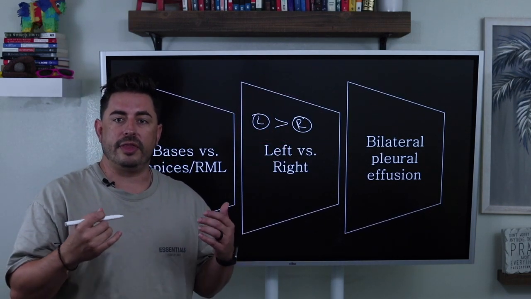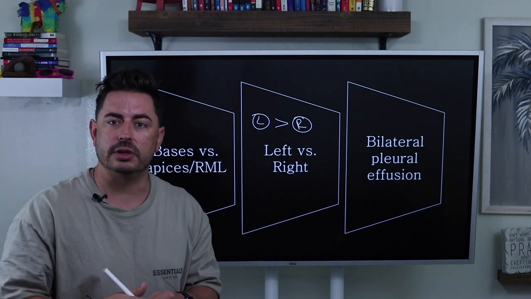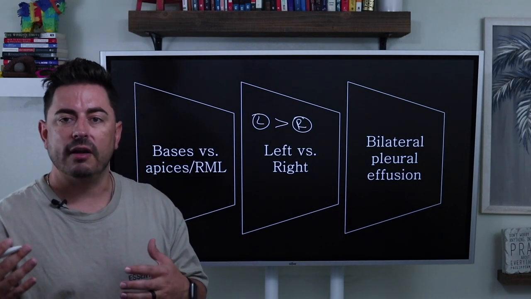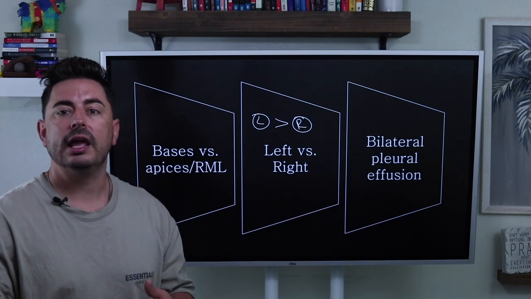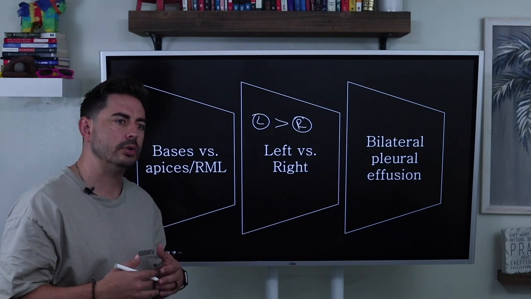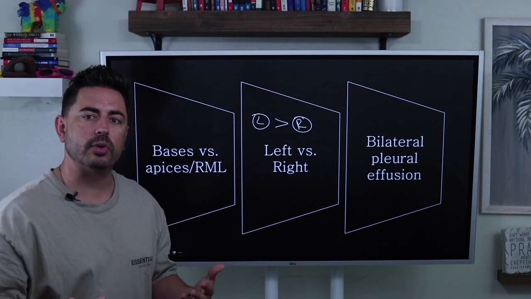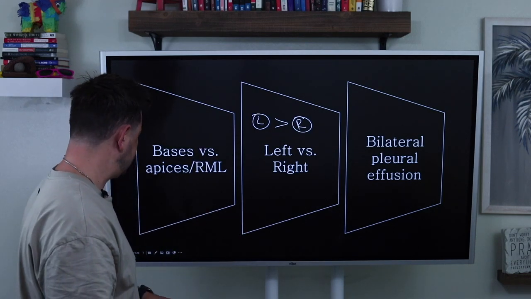So that is important when it comes to one side being drained more effectively or more efficiently than the other. Just some things that we have to understand when it comes to the anatomy of the lymphatic system.